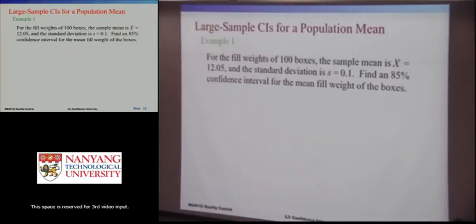So they ask for the 85% confidence interval of the average box filling. The solution is very straightforward as far as you know what they're asking.